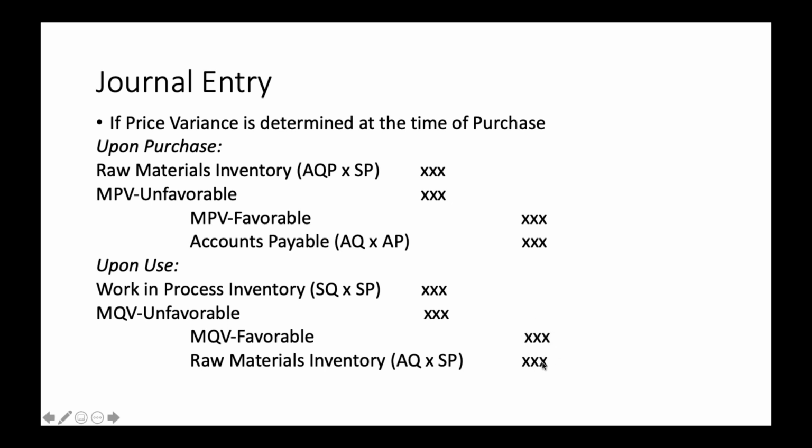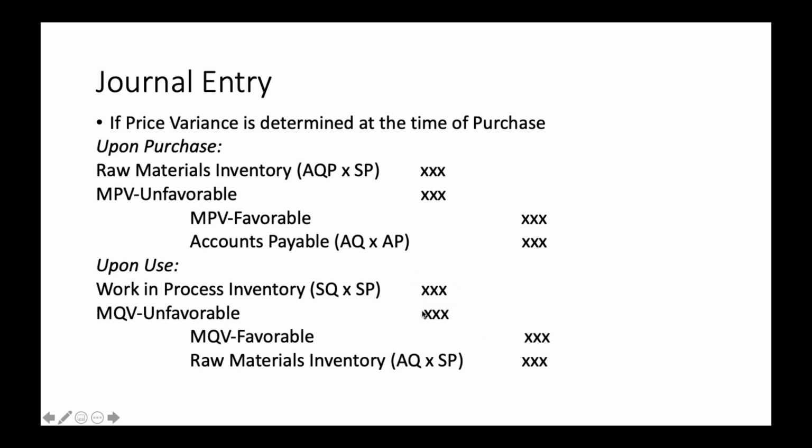Now, if we use more than our standard, say our standard is only 8, and yet we actually use 10, that is unfavorable on our part because we consumed more of our raw materials as compared to our standard.